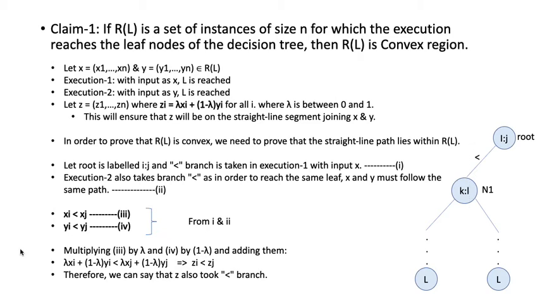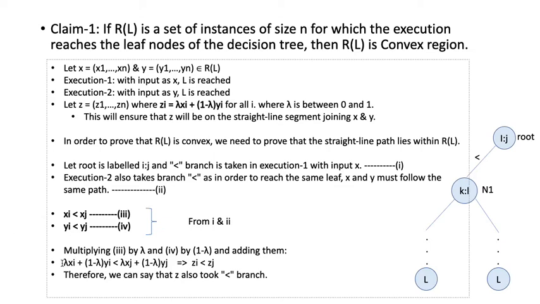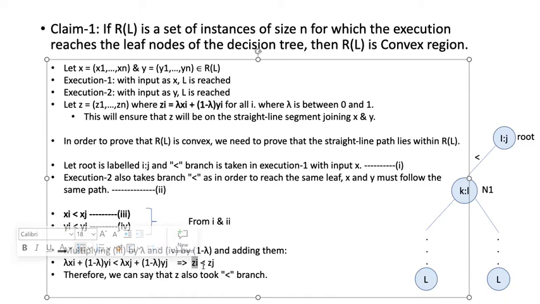Now, we'll multiply inequality 3 with lambda, and we'll multiply inequality 4 with 1 minus lambda, and we'll add them. So the resultant inequality is going to be this. If we observe closely, the left part is nothing but zi as per the definition of z, and the right part is zj. So this inequality becomes zi less than zj.